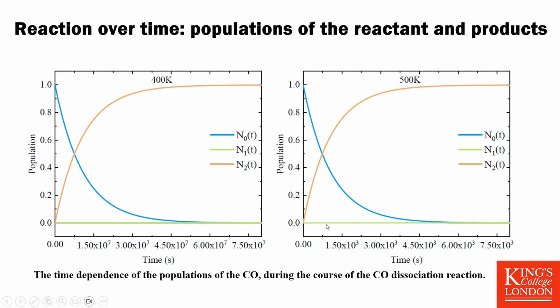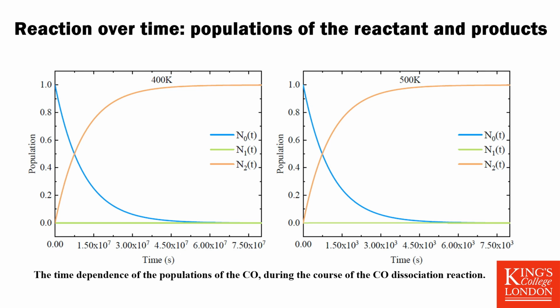But if we increase the temperature to 500 Kelvin, the reaction will happen in 4.5 times 10 to the power 3 seconds. So the time decreased a lot. So that means in our calculation, as the temperature increases, the reaction will be more and more quick.